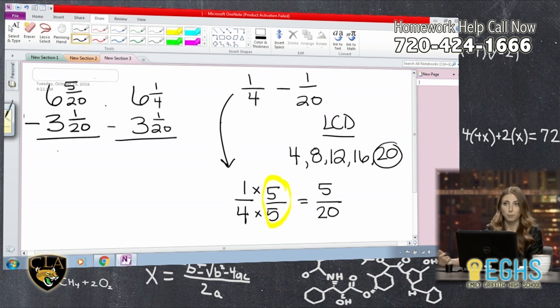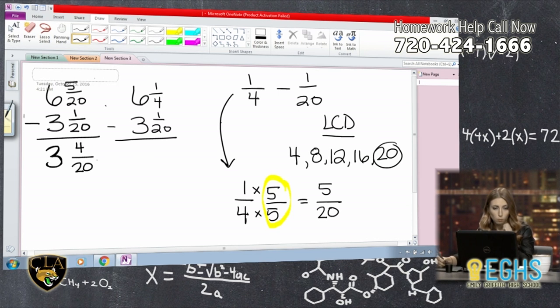Now we can look at these separately. 5/20 take away 1/20 is 4/20, and our denominator stays the same. Just like if I had 5 oranges and I'm taking away 3 oranges, I'm still left with 2 oranges. The name of those objects doesn't change. Then the whole numbers, 6 minus 3, I can do like regular subtraction. I'm left with 3 and 4/20.